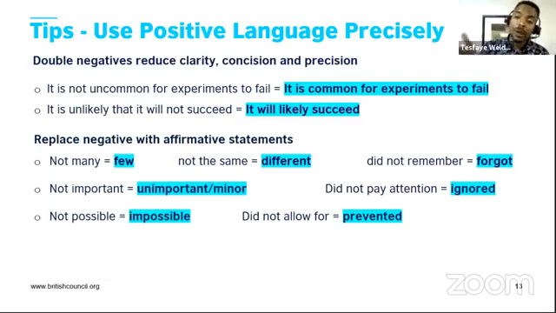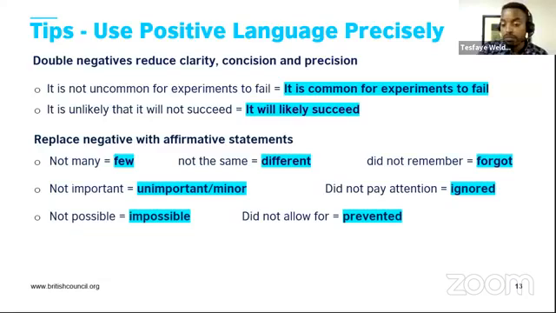But when it comes to academic writing, when it comes to achieving precision, it's better to make them short and replace negatives with affirmative statements when possible.